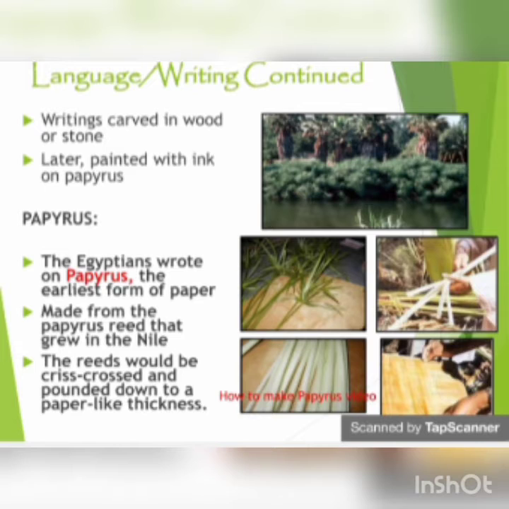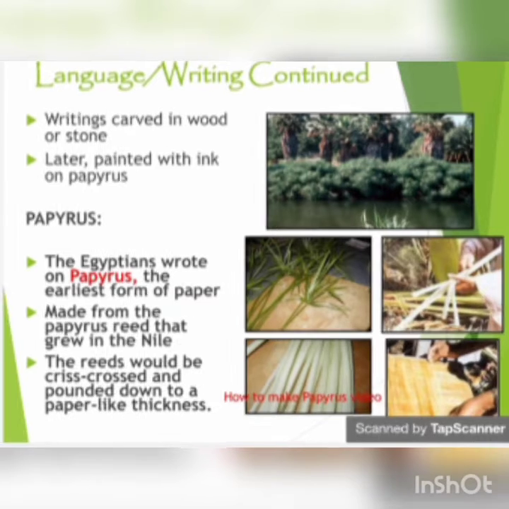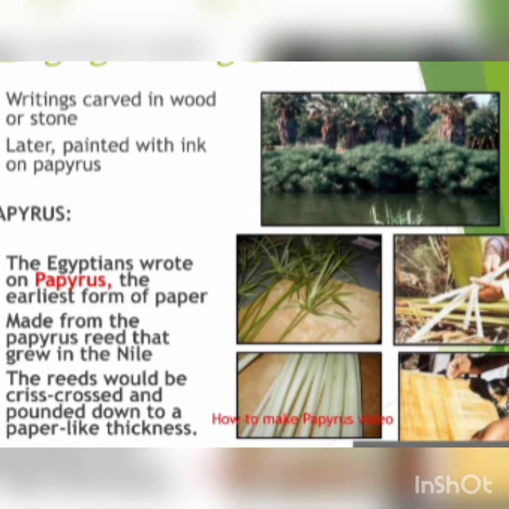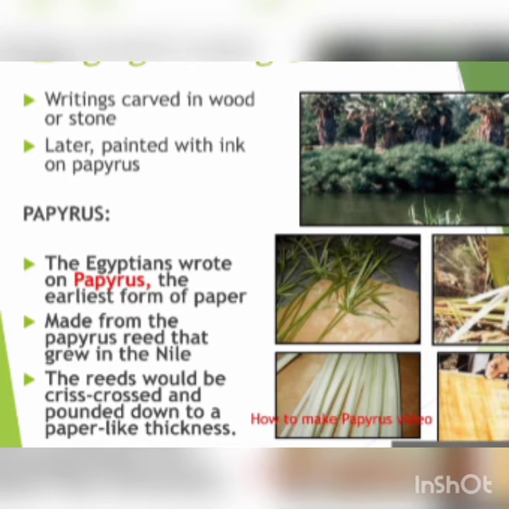And the writing continued. So how did they write? They used wet clay, and they used papyrus. They used a plant called papyrus, which grew nearby the river Nile.